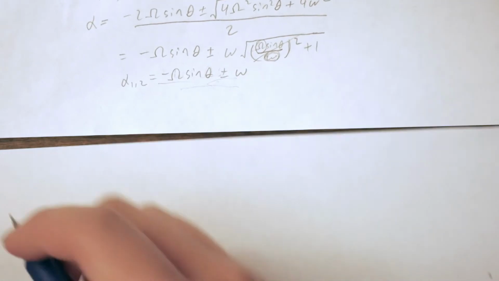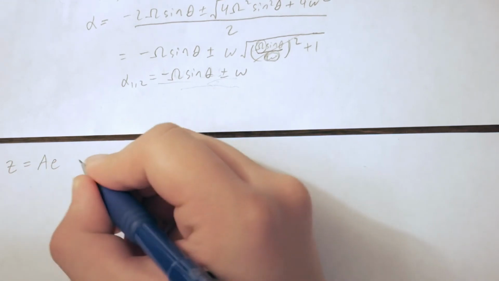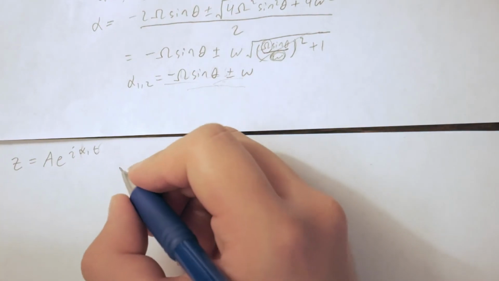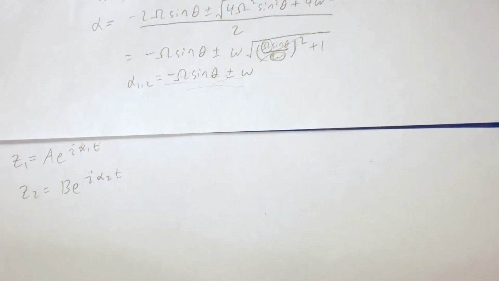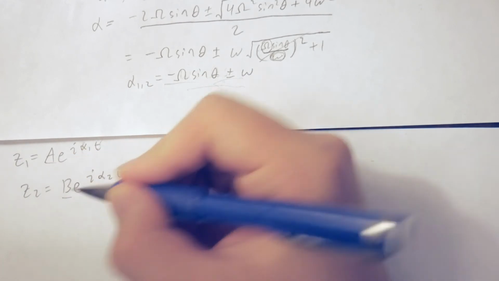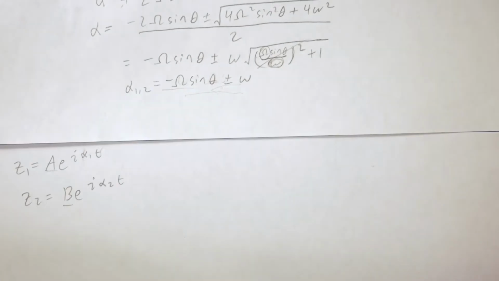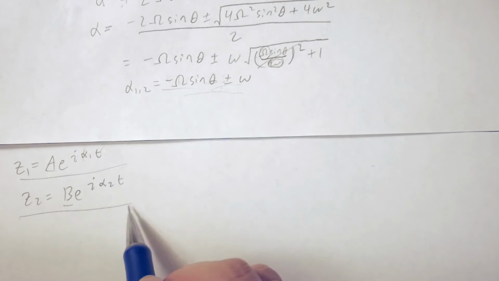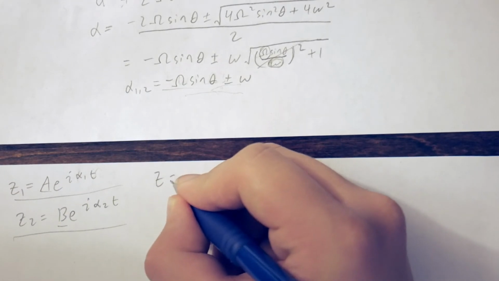In this case, we have two solutions which are... and you might be wondering what these A and B mean, and those are actually just initial conditions. There's no way to explicitly solve for them unless you have initial conditions or boundary conditions. But anyways, we have two independent solutions, so now we can add them to make a more general solution.